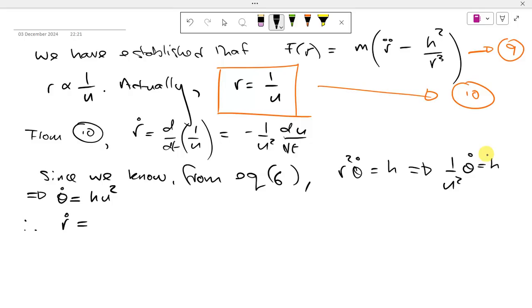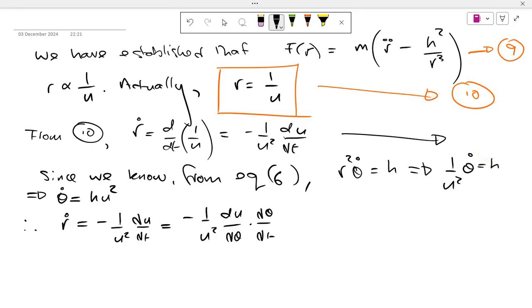Therefore r dot equals, well, we know that r dot is equal to minus 1 over u squared du by dt. But this can be rewritten as minus 1 over u squared du by d theta times d theta by dt. So we've gone from here, we'll call this equation 11.